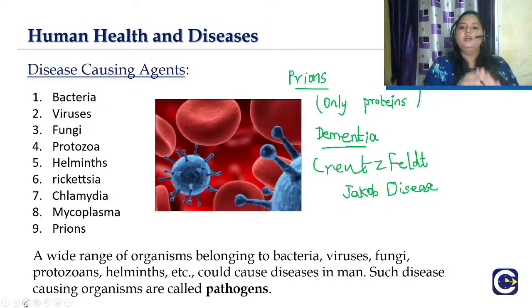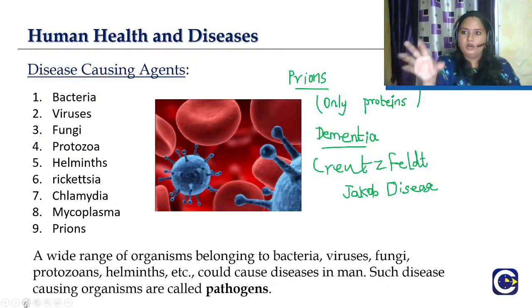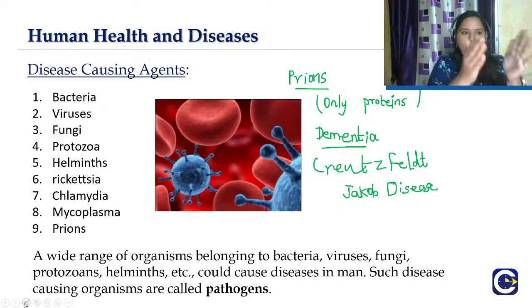Try to study all of these diseases in a table manner, like finding what is the organism that causes the disease, what are the symptoms associated with the disease, how do we diagnose it, and how do we treat it. This itself will clear all the disease causing agents and the diseases that we covered.